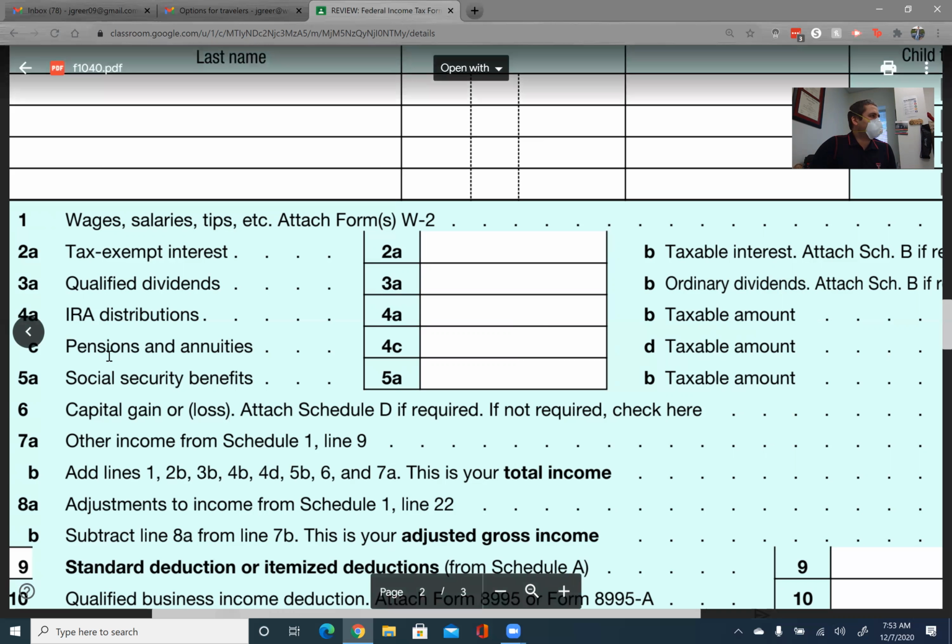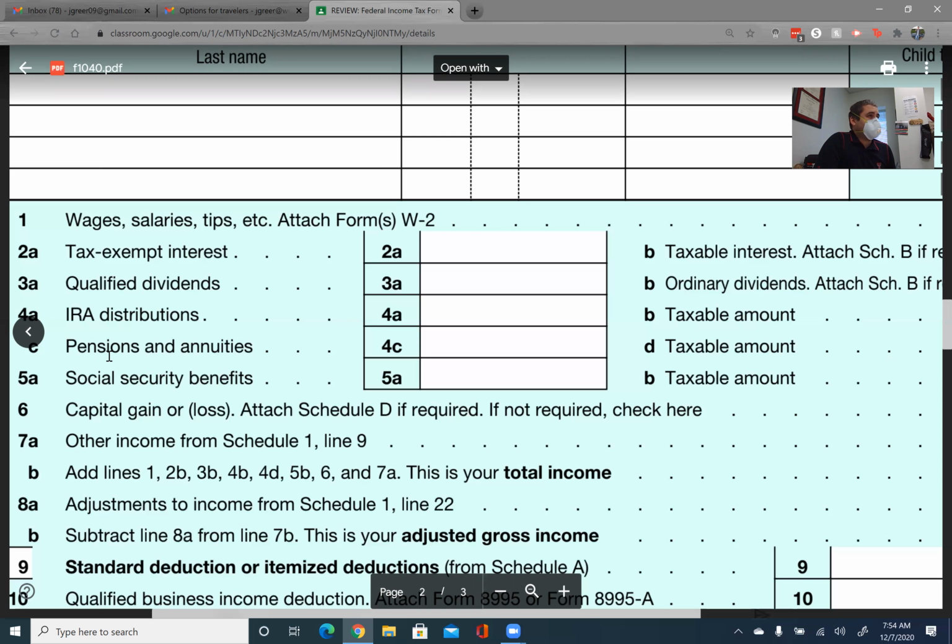Pensions and annuities. What's a pension? It is a retirement plan. How does that differ from a 401k? Testing your recall. Isn't it more personal based? It can be more personal based. Are you going to get the same amount every month with a pension?